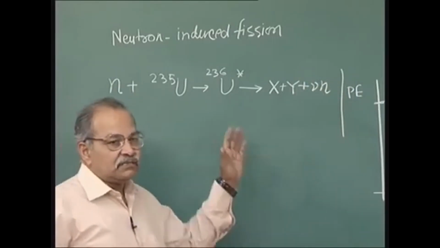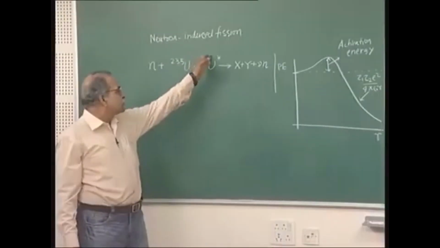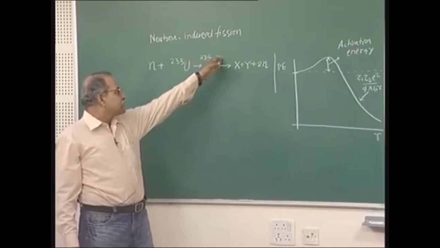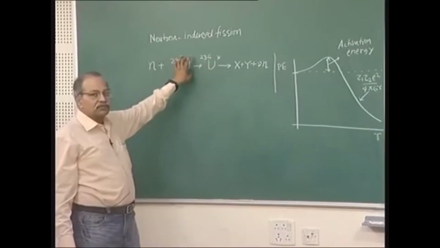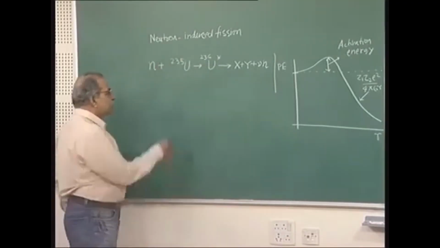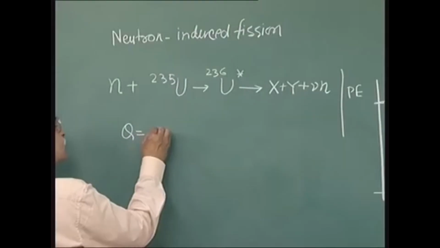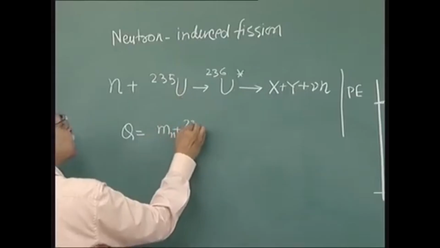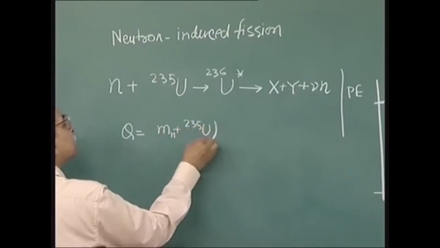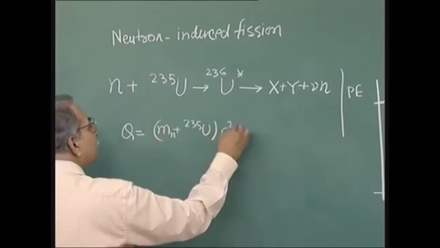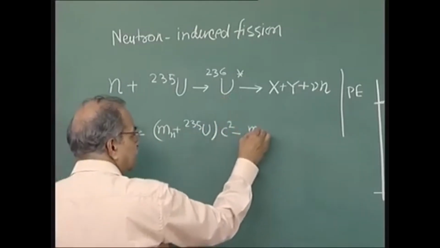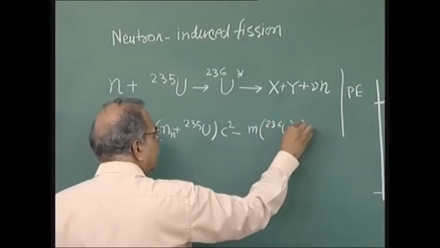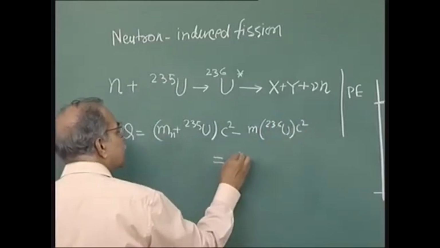Now, this nucleus uranium-236 is formed in an excited state. That is because if you work out the Q value of this reaction, that means the rest mass of the neutron plus the rest mass of uranium-235, times c squared, minus the rest mass of uranium-236 in the ground state, times c squared, that turns out to be something like 6.6 MeV.